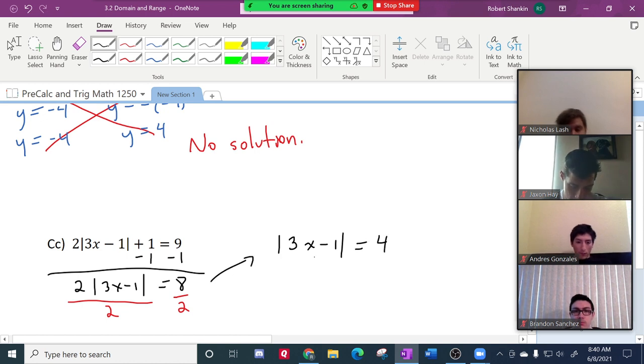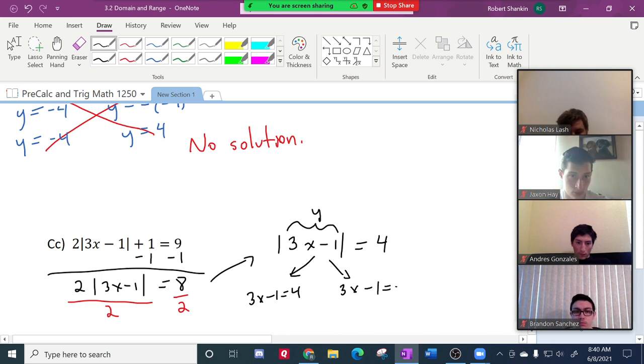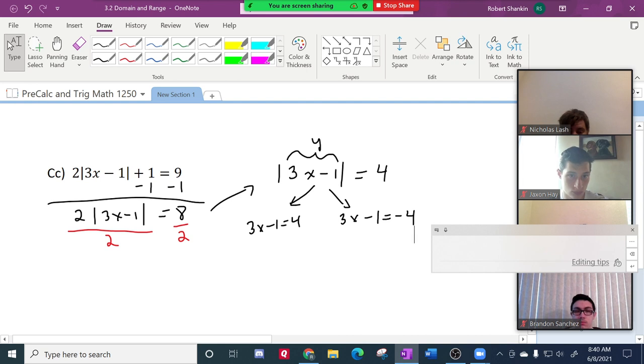And once you have it isolated, how I often think of it is, what if this was replaced by a single letter, like y? Then I'd say y equals 4, y equals negative 4. And so I treat it the same way. And then solve each of these equations.